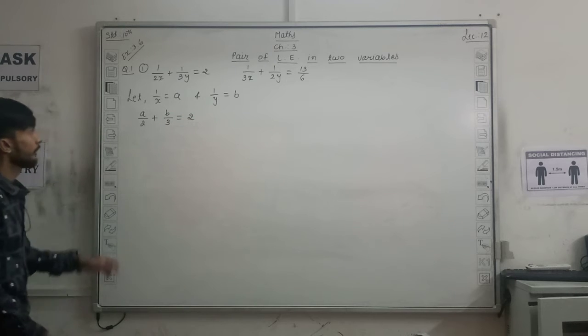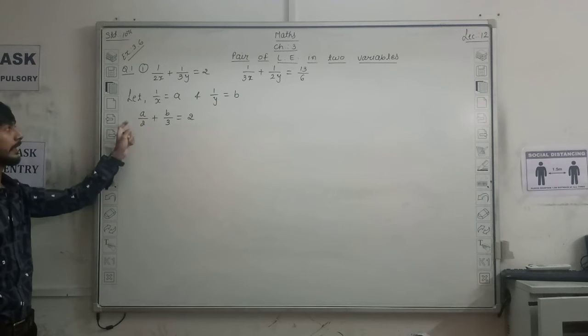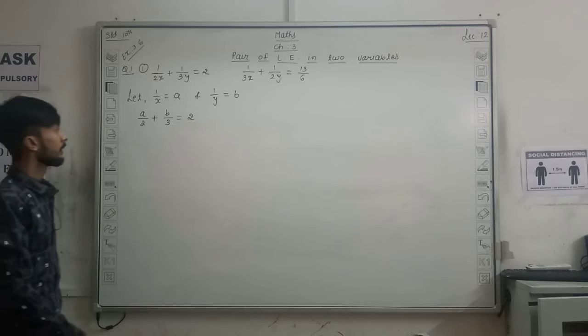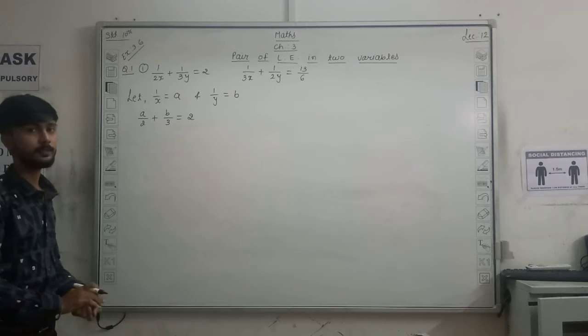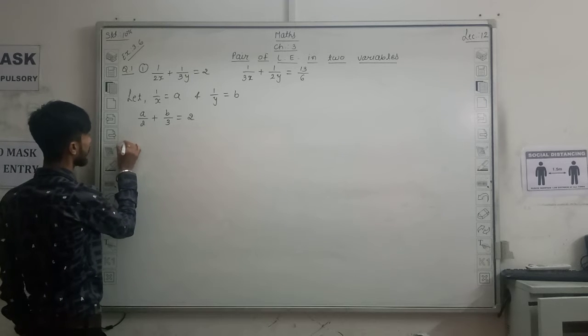So you can see now our variables are a and b. Okay, now 2 and 3, so the LCM of 2 and 3 is 6, right?